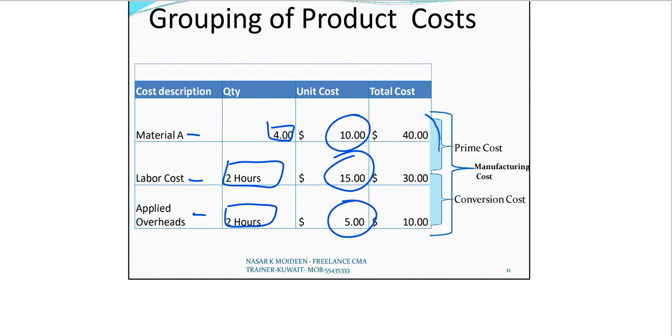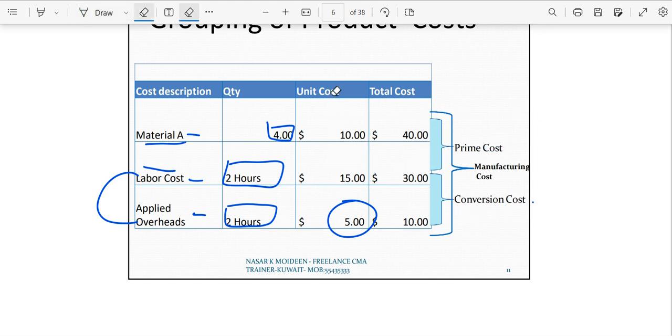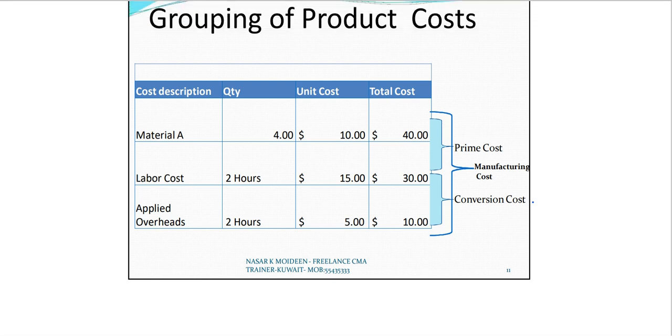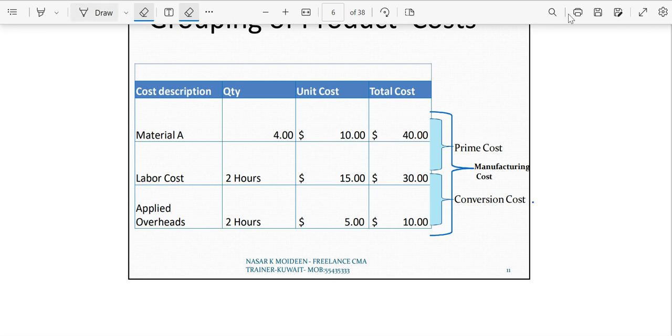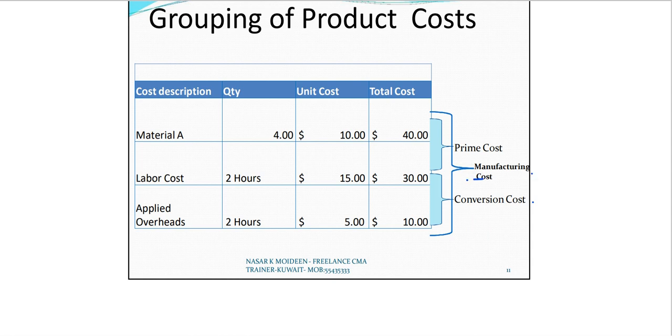So these two costs, material and labor, we call prime cost. These two costs, labor cost and applied overheads, we call conversion cost. And the whole cost, all these three costs, we consider as manufacturing cost.